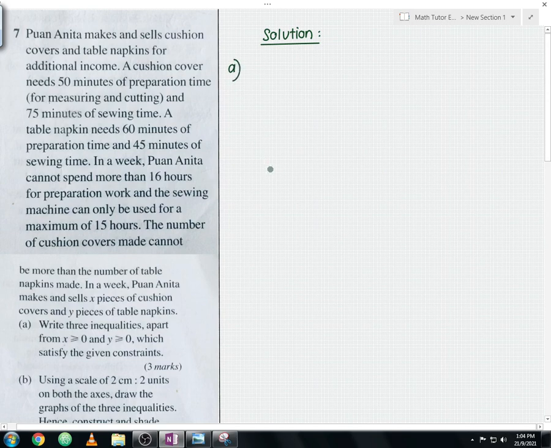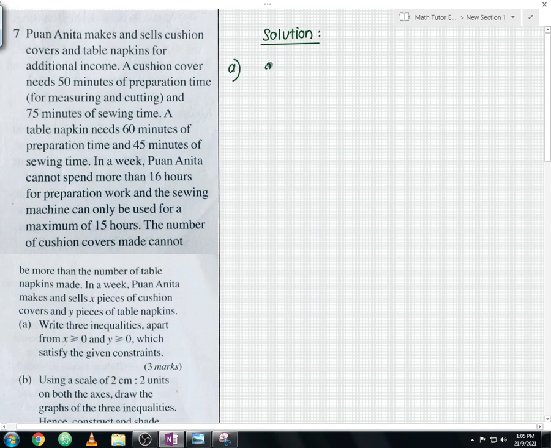Okay, so the first information that you can observe is, take a look at the last sentence over here. It mentioned that in a week, Puan Anita makes and sells X pieces of cushion covers and Y pieces of table napkins. So from this sentence, you know that X is representing cushion covers and Y is representing table napkins. So you write them down over here.